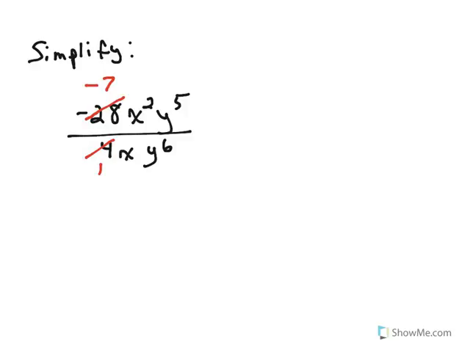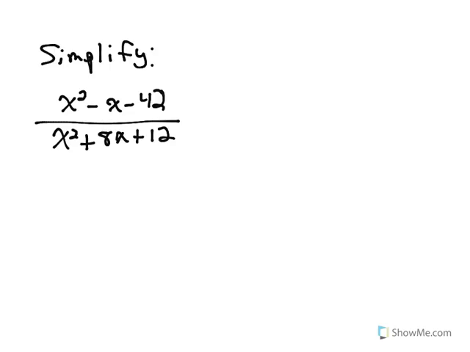X squared divided by x, this x goes into itself once and into here twice, eliminating one of them, leaving an x. And these 5 y's reduce out 5 of these y's, leaving y to the first. So what we have left then is negative 7x in our numerator and y in our denominator.